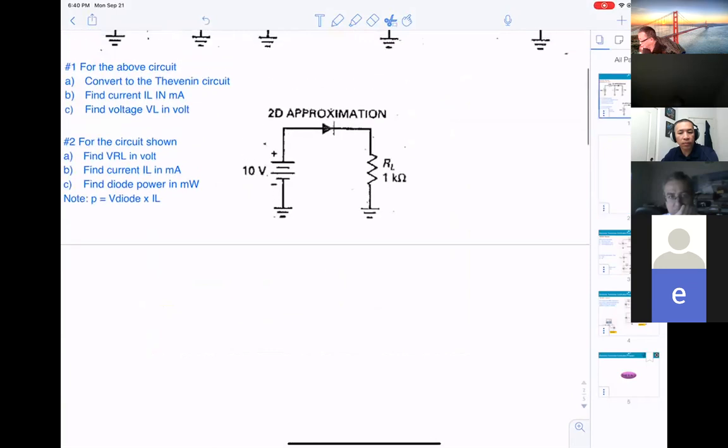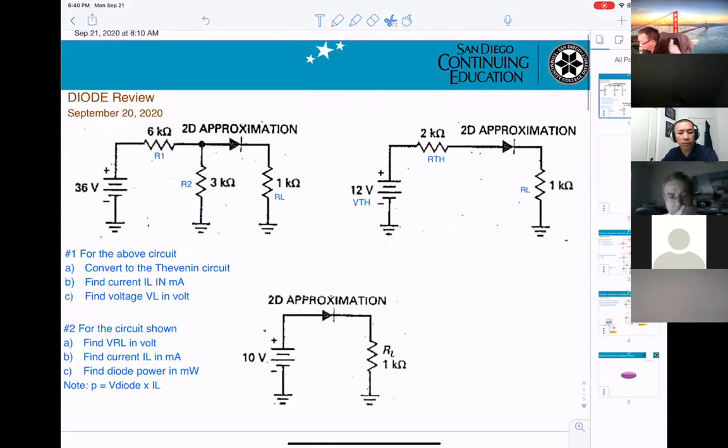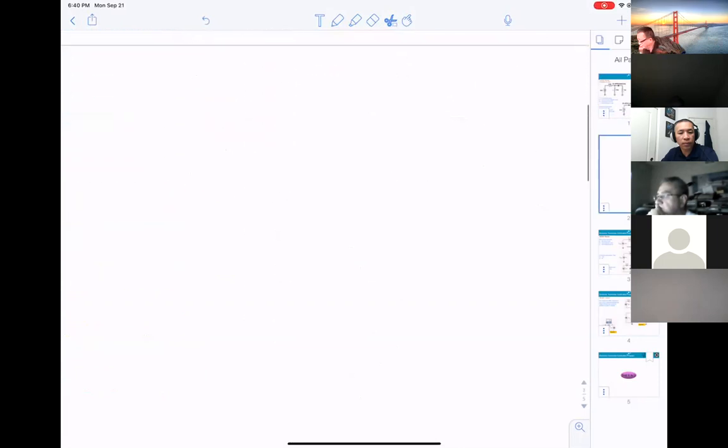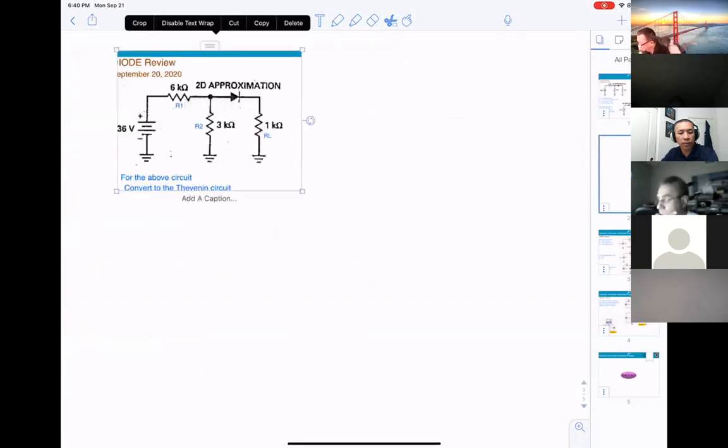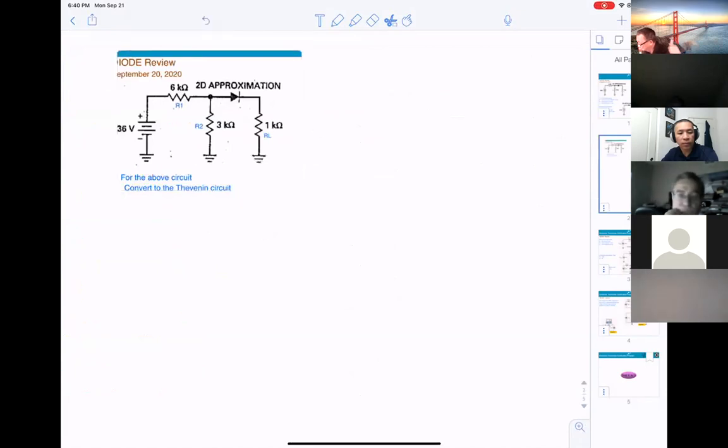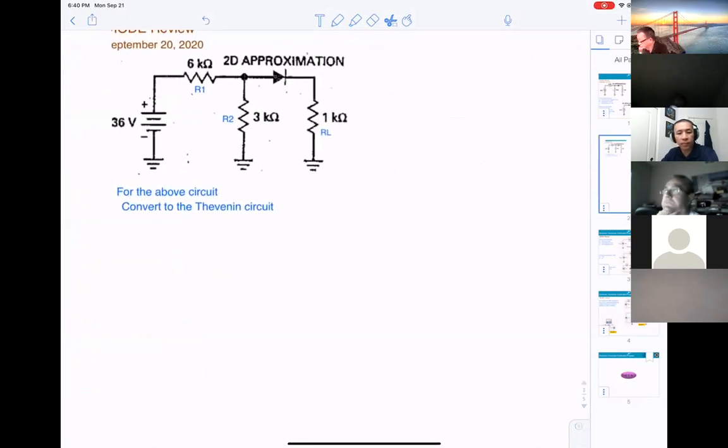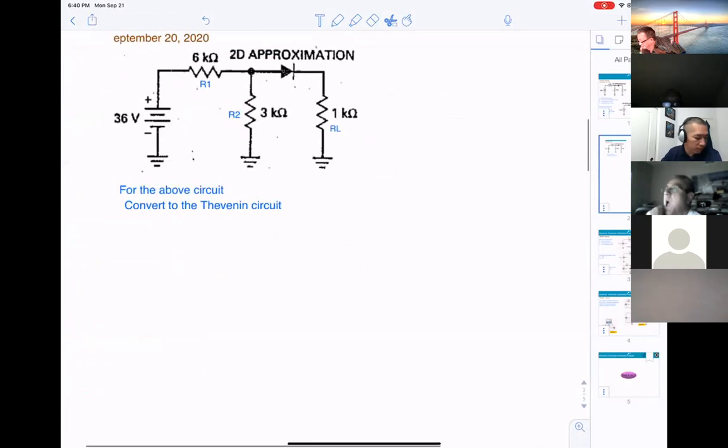Now, I want to copy this circuit. Copy. Paste to that part here. Okay?